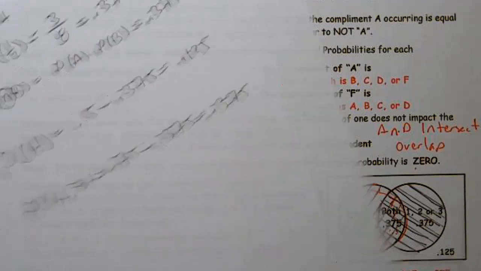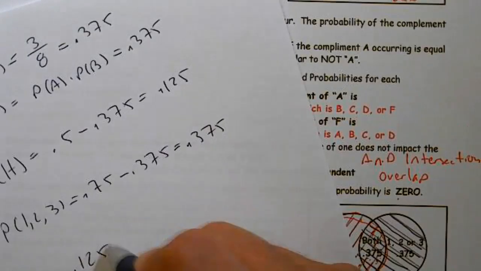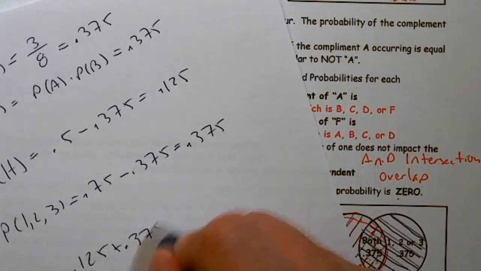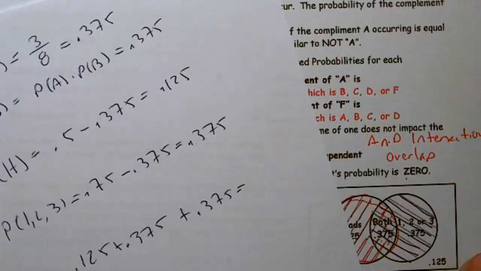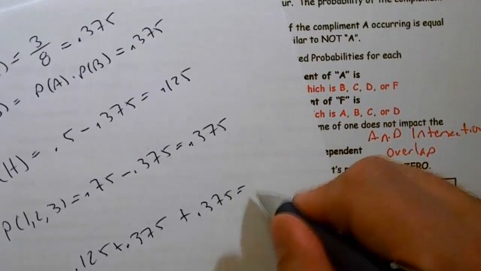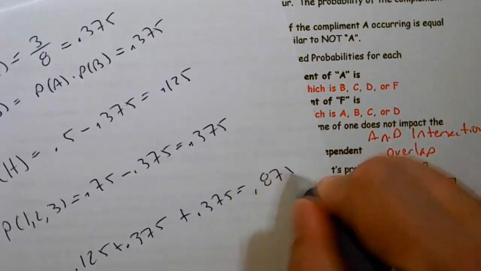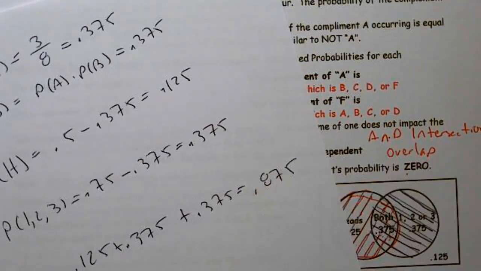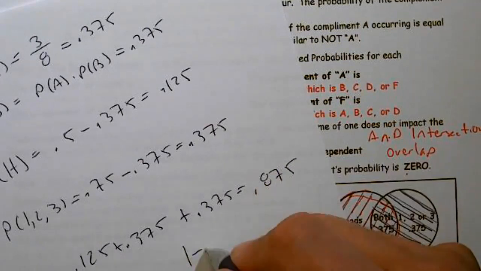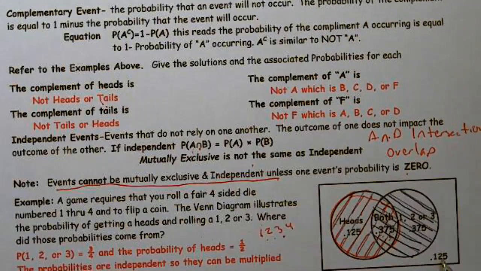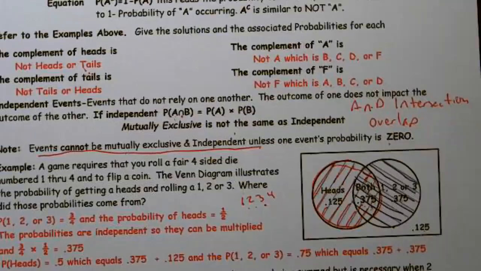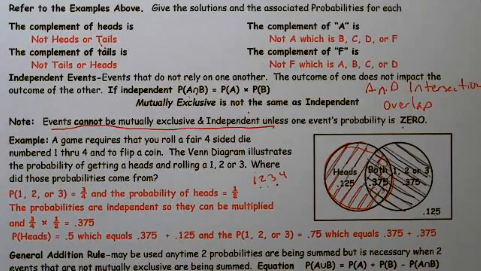Well, if I do that, I get 0.125 plus 0.375 plus the 0.375, and I end up getting 0.875, and that doesn't add up to 1. So 1 minus the 0.875 is 0.125, which is the probability of not getting any of those things.